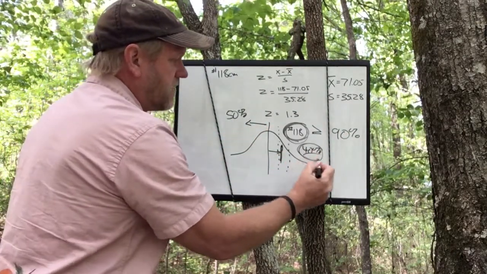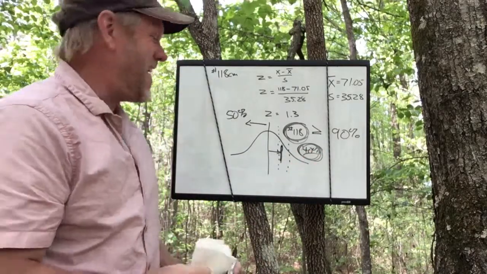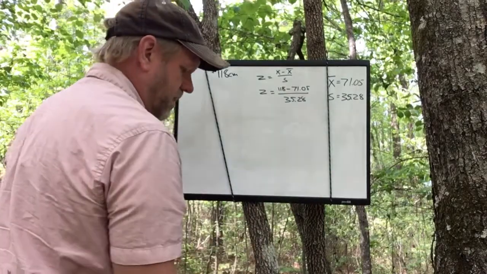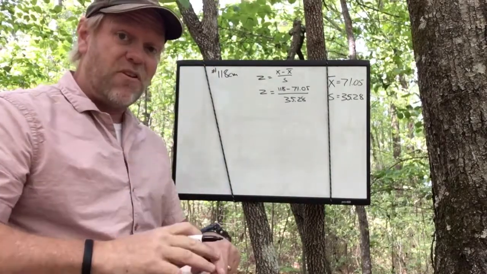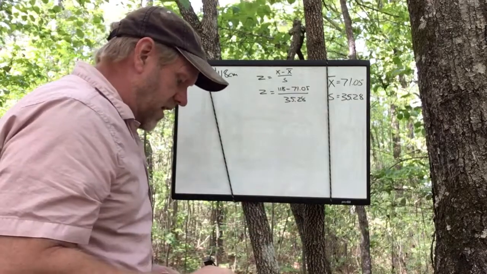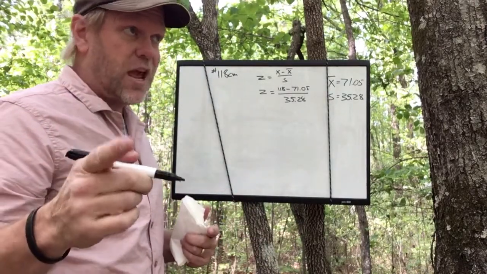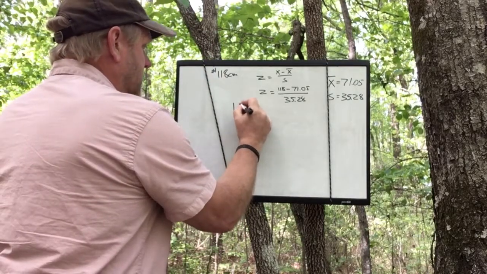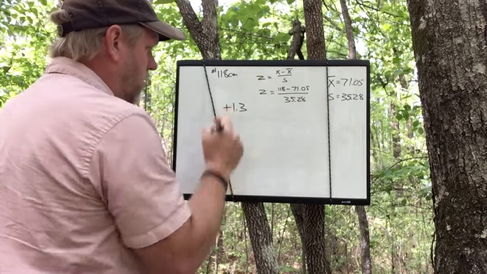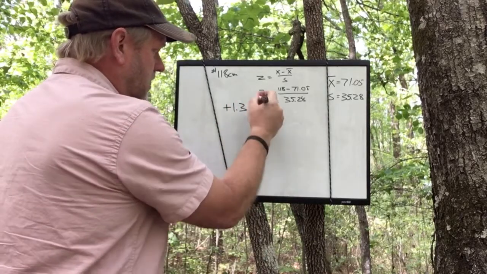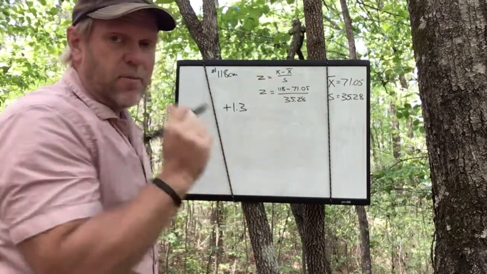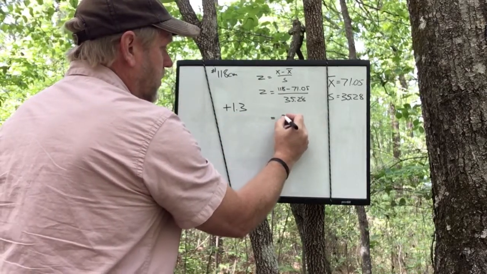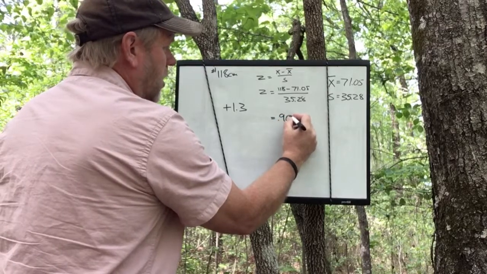Now, how did I get that 40%? I'm glad you asked. That 40% came from a data table, which you can find online, or in your textbook on page 823. If I have a z-score of positive 1.3, if I go down on that table, I will see that 1.3 is equal to 0.90 something.